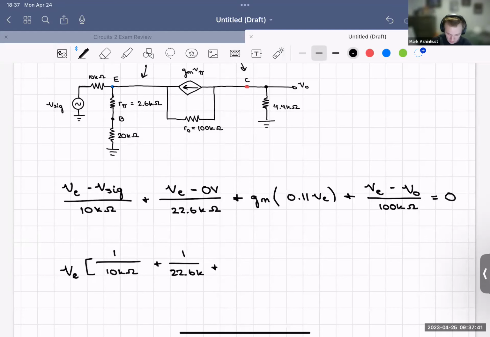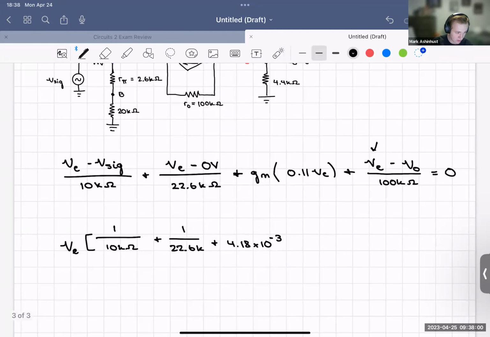I already did that on my calculator: 4.18 times 10 to the negative 3. And then lastly, we pull out the VE here. We move the V out away, and then we'll end up getting 16.5 over 100K.